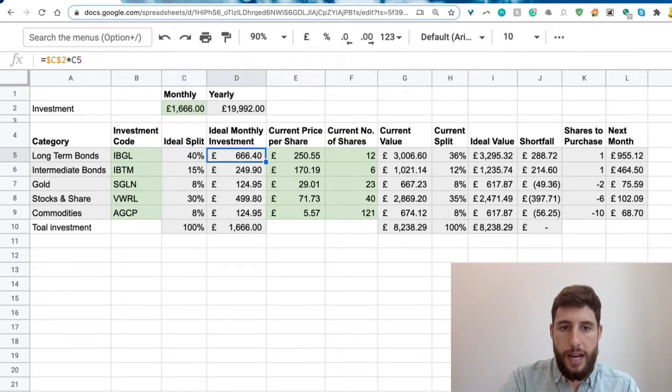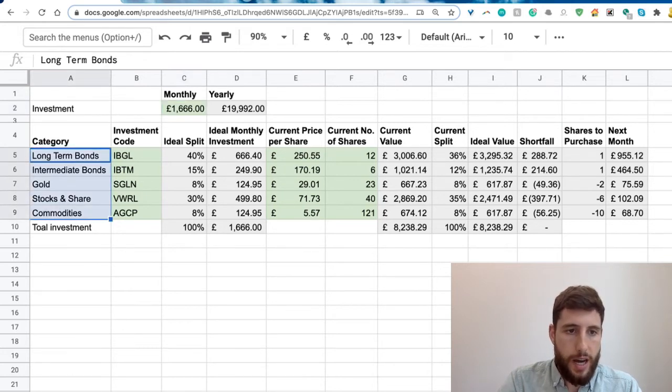Okay, and then here, that's a calculation you can see in the little bit at the top here. That is a calculation, so it shouldn't be changed. You should leave that alone. Only change the bits in green, okay? So we've decided £1,666 in this example.